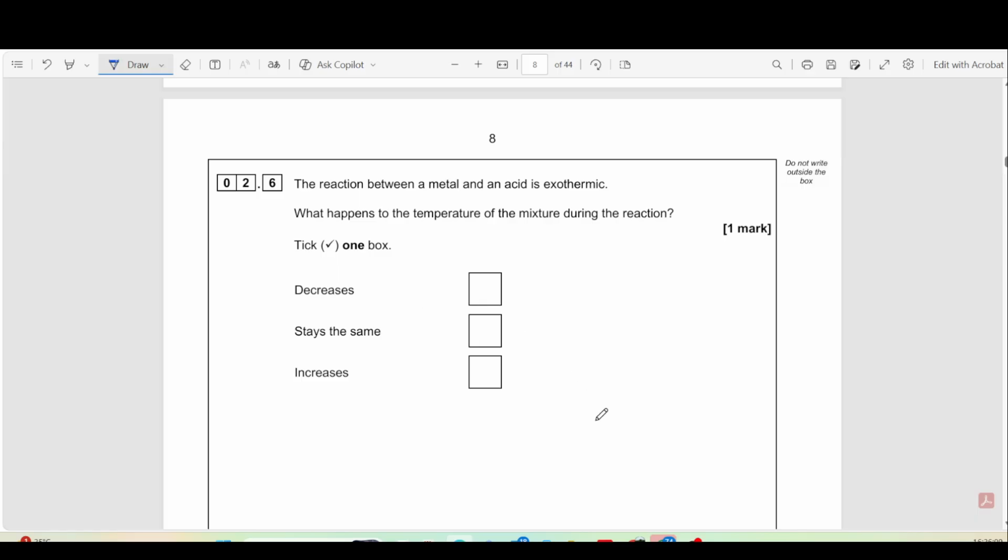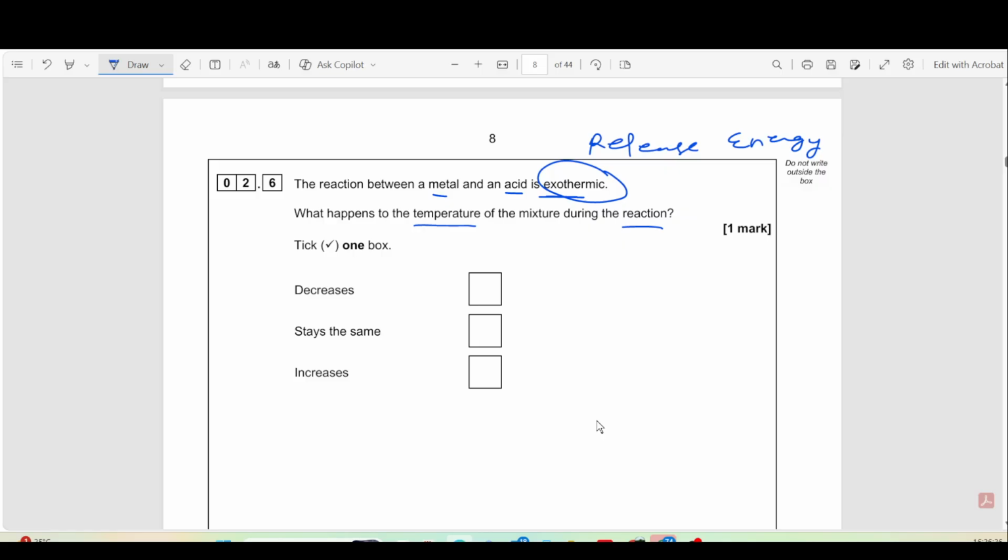Next question is this. The reaction between a metal and an acid is exothermic. What happens to the temperature of the mixture during the reaction? Take one box. Because it is exothermic, exothermic means what? An exothermic reaction is one that releases energy. Okay, it releases energy into the surroundings, usually in the form of heat.